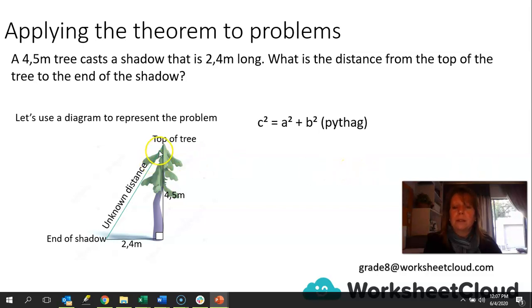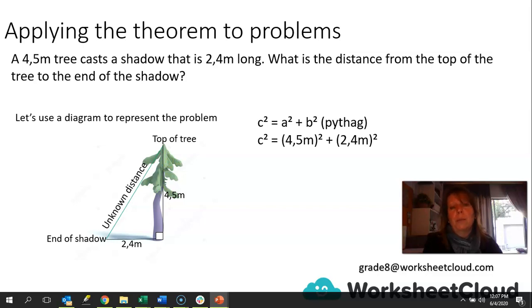C squared is our unknown distance. It's the distance from the top of the tree to the end of the shadow. So it's unknown. We are given the height of the tree and the length of the shadow. So we keep c squared and we then put in our other measurements, and it's 4,5 meters all squared plus 2,4 meters all squared.